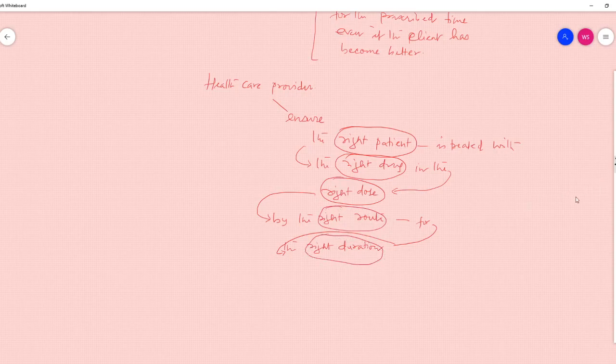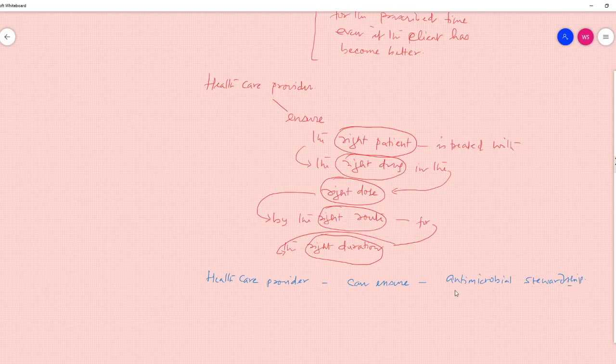So if we do this, what is the payoff? The healthcare provider can ensure antimicrobial stewardship.